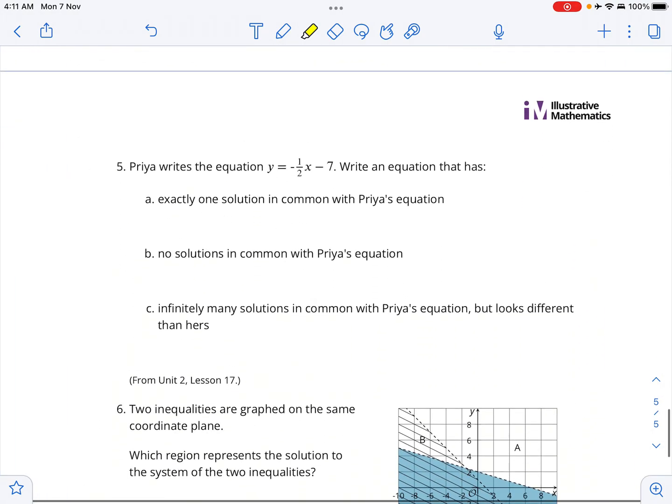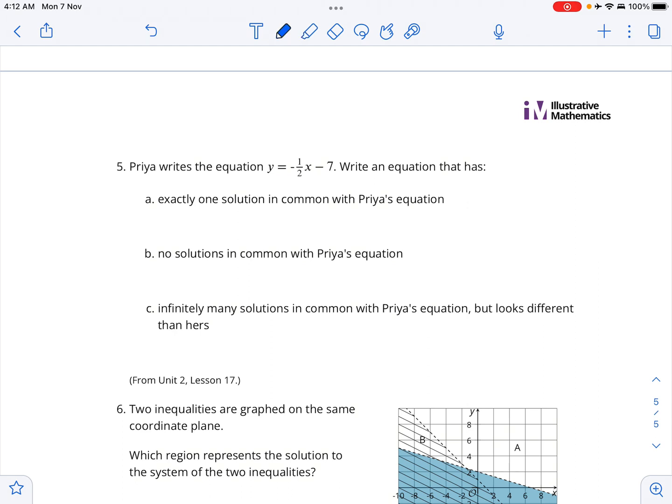And then question 5, we're getting into our review part. Priya writes the equation. Write an equation that has exactly one solution in common with Priya's equation. So here, they're going to have really an infinite number of answers, so I'll just go ahead and show you one. What's one solution up here?